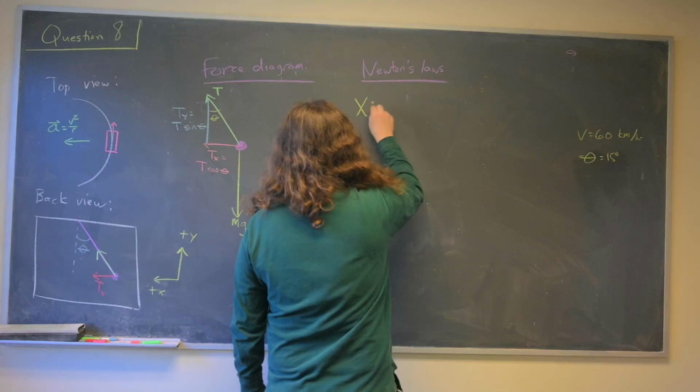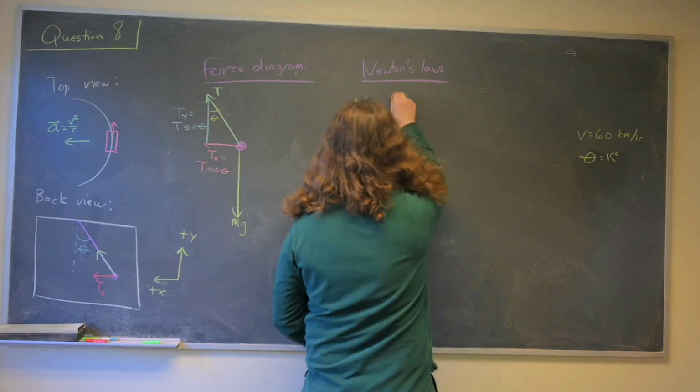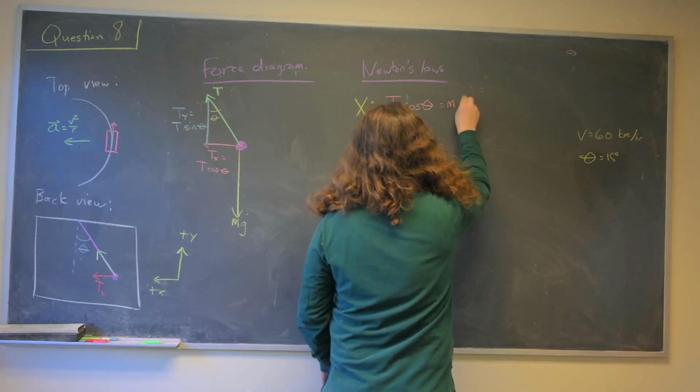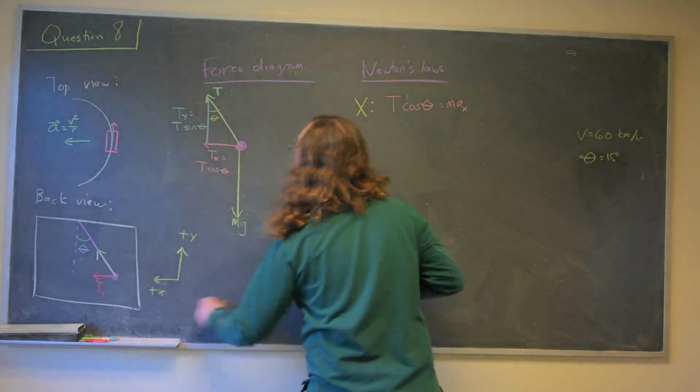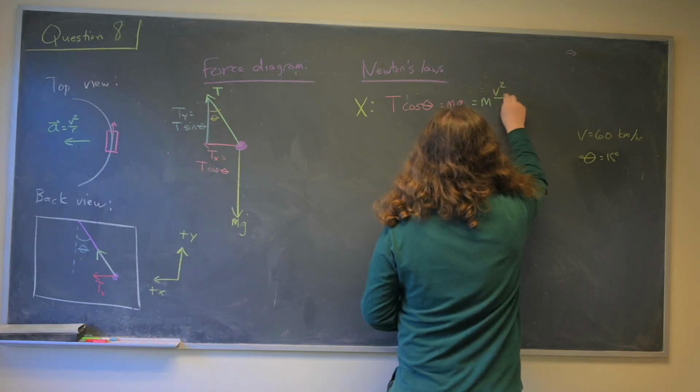In the x direction, the only force I've got is the x component of tension. So T cosine theta equals m a_x, which is mv squared over r.